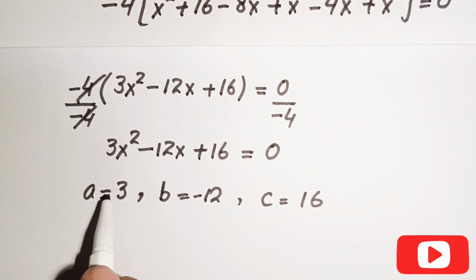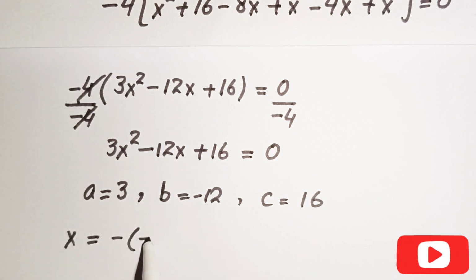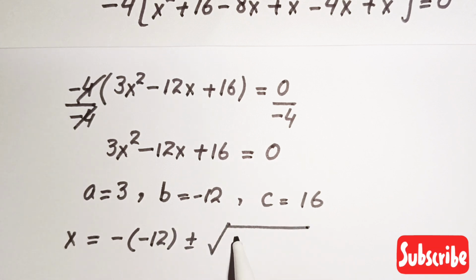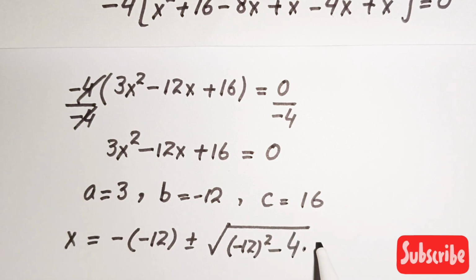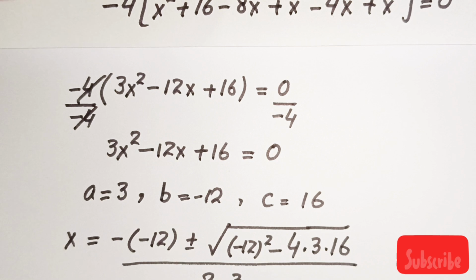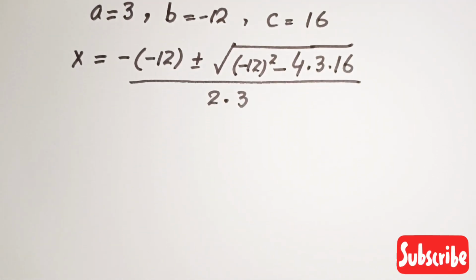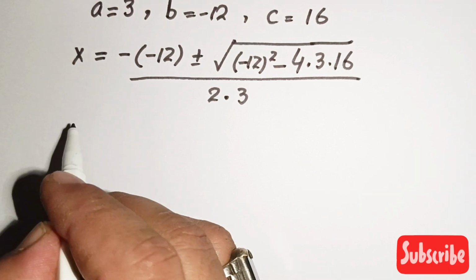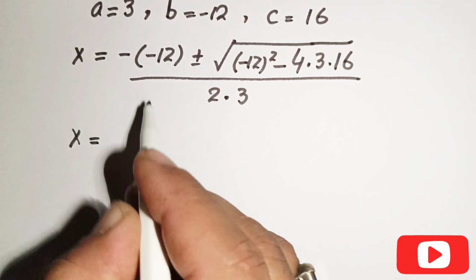So now using the quadratic formula, x is equal to minus b, which is minus 12, plus minus square root of b squared, which is minus 12 squared, minus 4 times a is 3 and c is 16, all over 2 times a is 3.